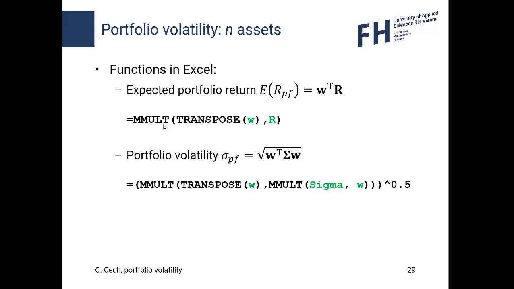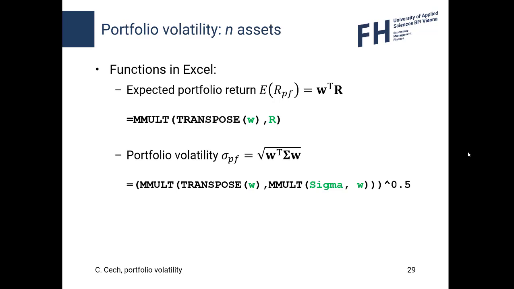Which two matrices do you want to multiply? You want to multiply W transposed. So you have to write transpose and then enter here W, which is the range of your weight vector, comma, R, the range of your expected returns column vector. And then hold the control key, hold the shift key, and then hit the enter key.